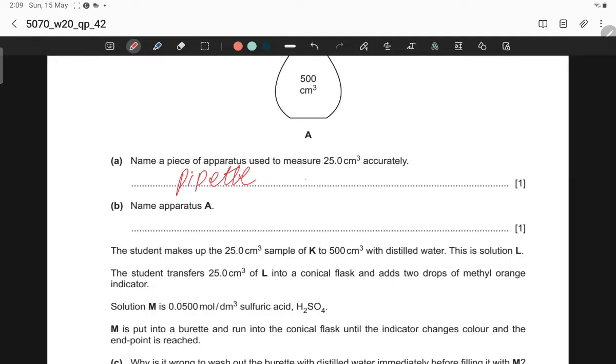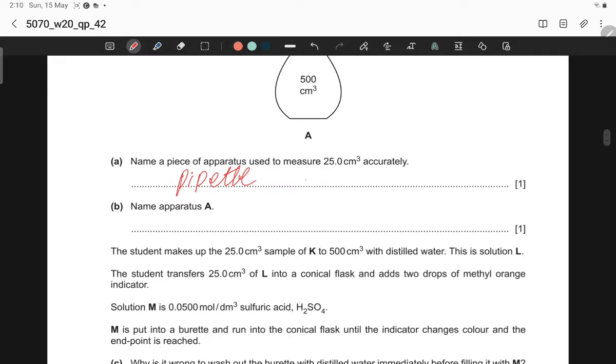A student is provided with solution K, which is sodium hydroxide. The student determines the concentration of K by titration. The student measures 25 cm³ of K and transfers it to apparatus A. Name apparatus A: this is a volumetric flask. The student makes up the 25 cm³ sample of K to 500 cm³ with distilled water.